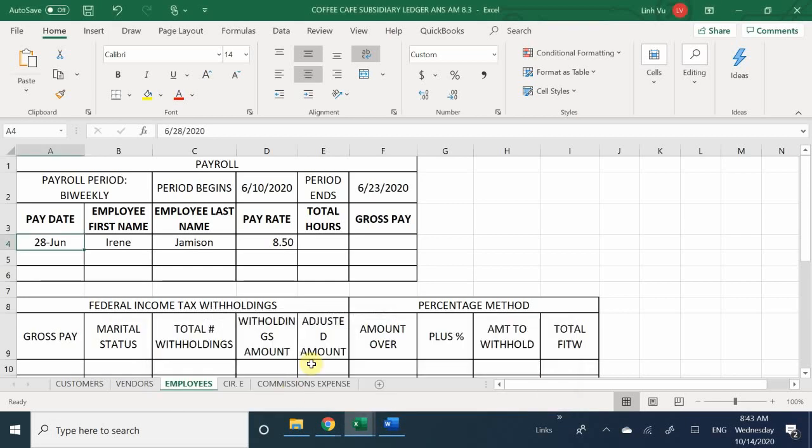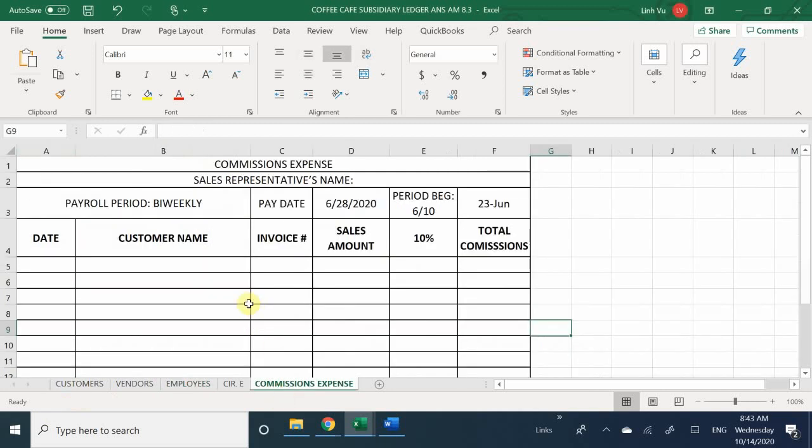subsidiary ledger. Instead of employees, we should have one more little section called commissions. And with this commissions section, we want to entail every sale that he makes because, even though he's in charge of his own sales, we are journalizing these sales, so we should also be on top of him so he doesn't start putting in sales that don't exist.